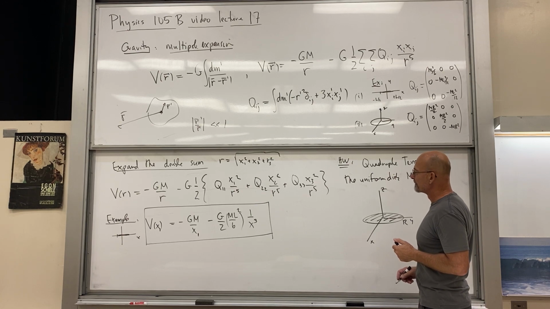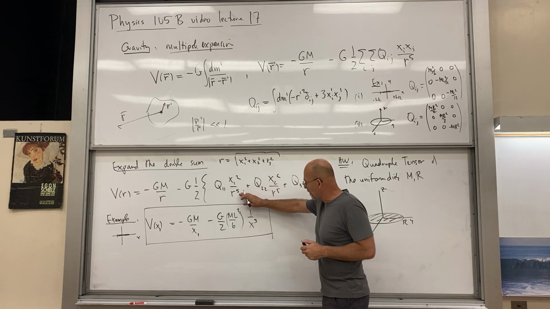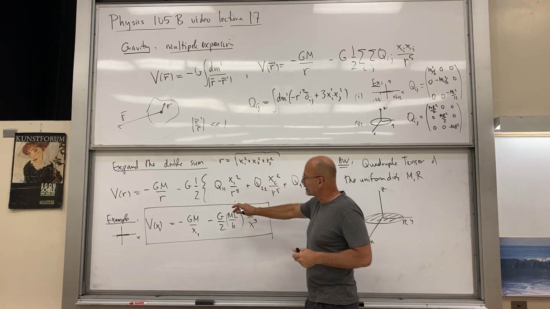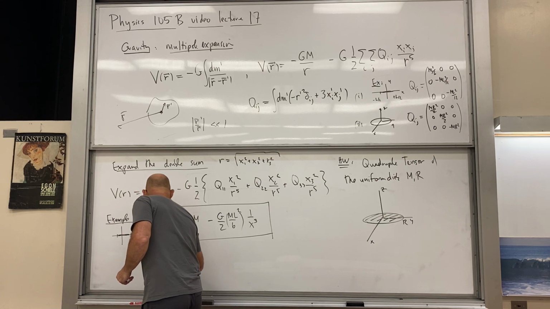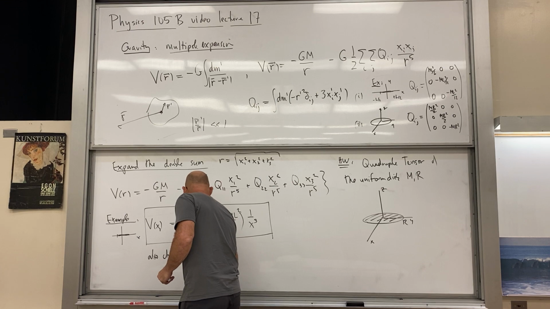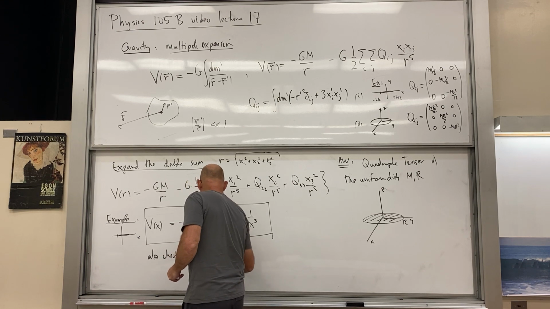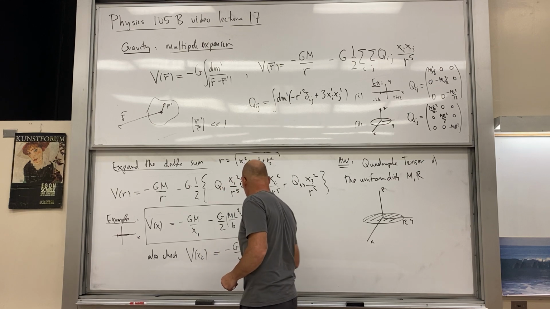So check this on the homework that you were doing, and also check V of x2, it's going to be minus GM over x2.